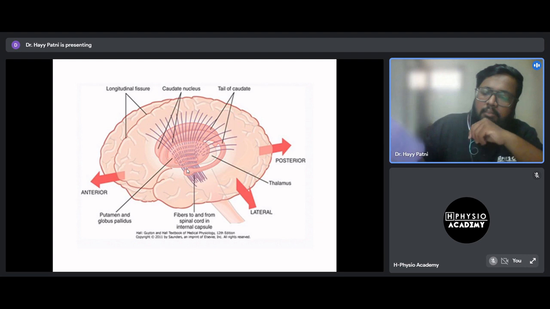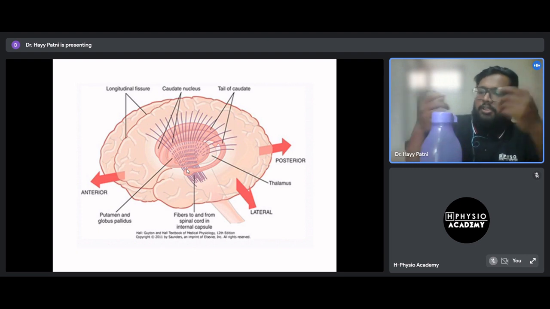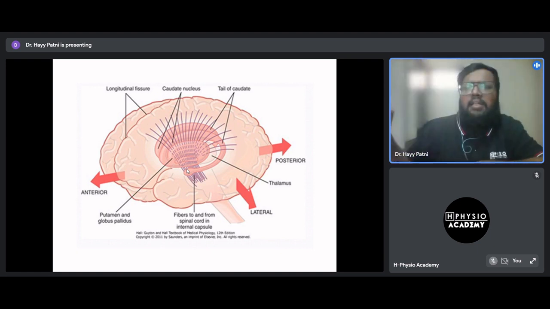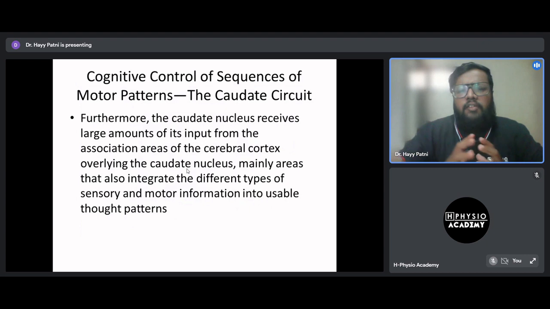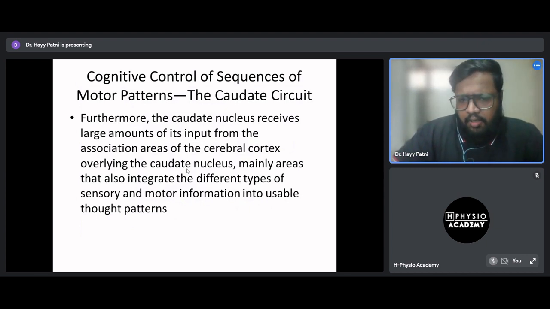We'll be having an example forward as well, with a bottle that is in my hand. I have to understand where in space this bottle is, how my hands would be grasping it, and how we would be taking it outside or using it in a differently spaced area. So the cognitive control of the sequences of motor patterns, the caudate circuit.